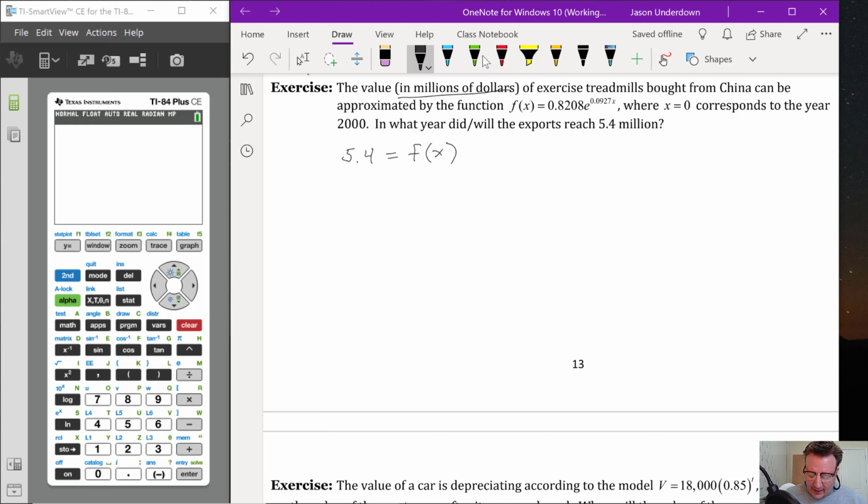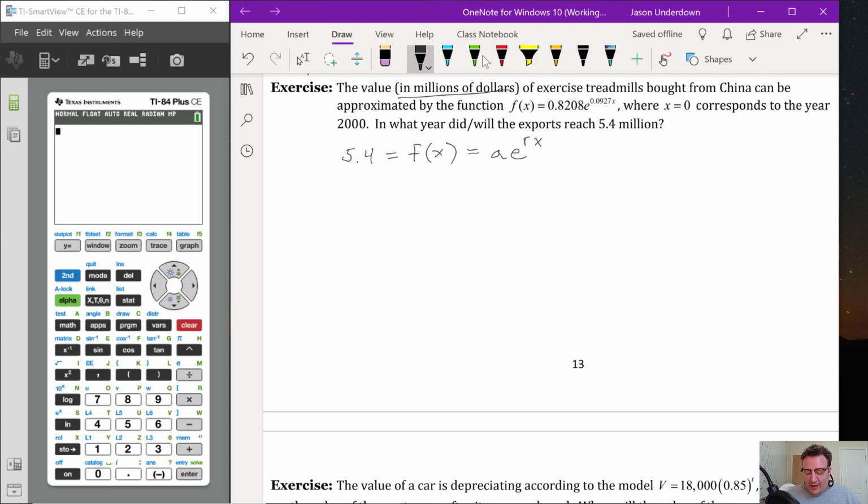And that is, I'm going to rewrite f of x as just a times e to the rx. Okay, where a is that 0.8208 and r is that 0.0927 value. Okay, no one wants to write those decimal values over and over again when solving an equation, so don't.